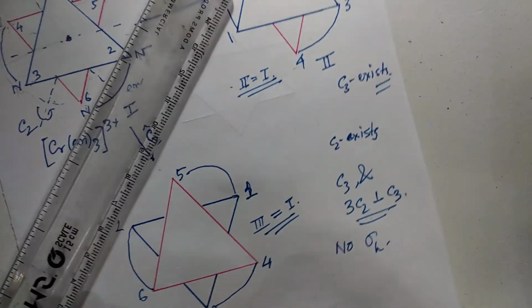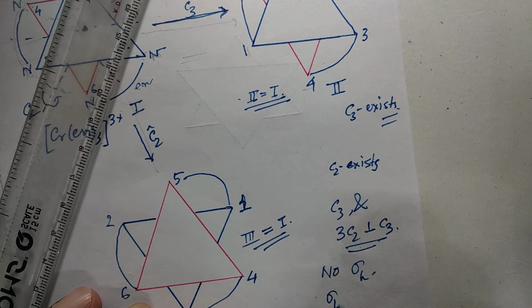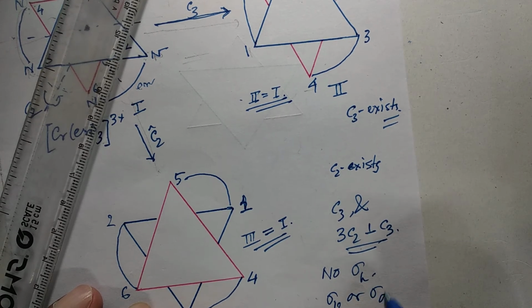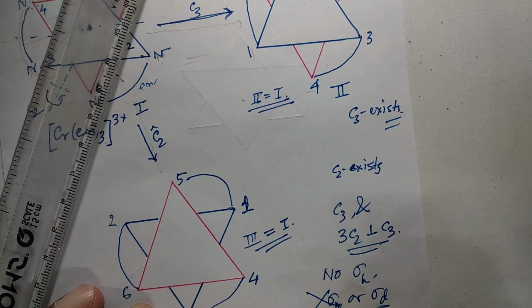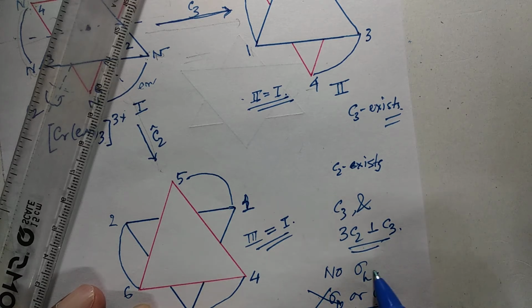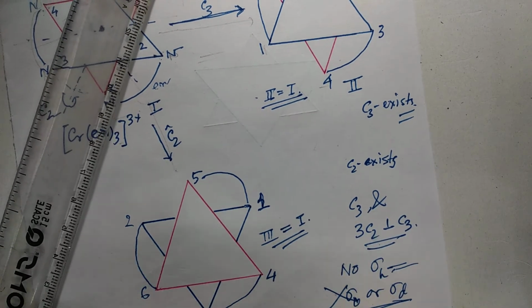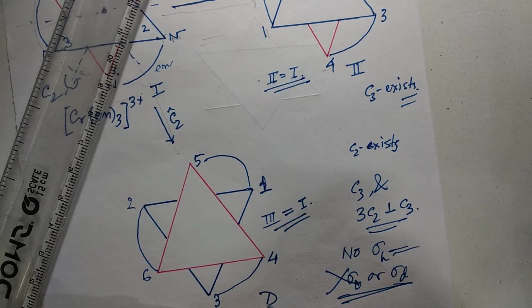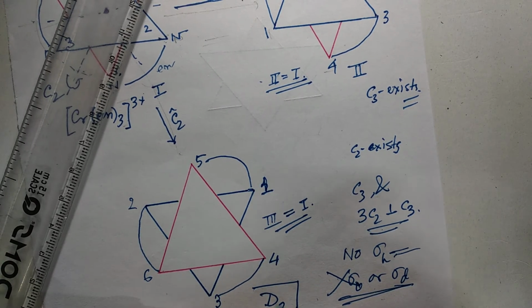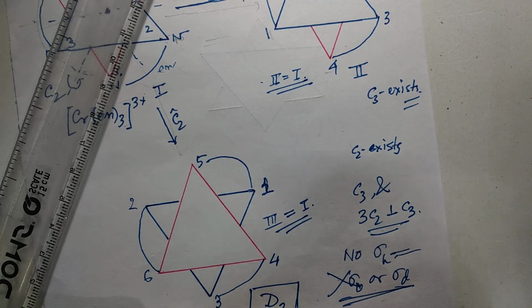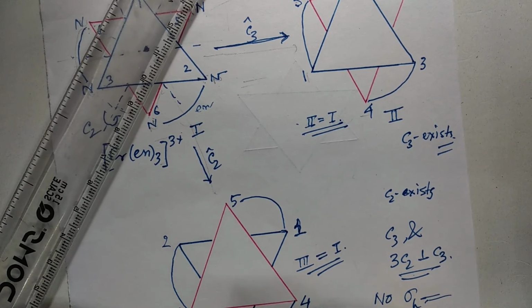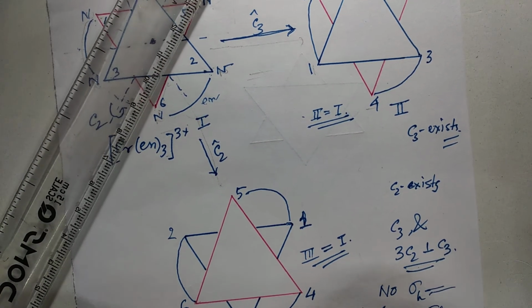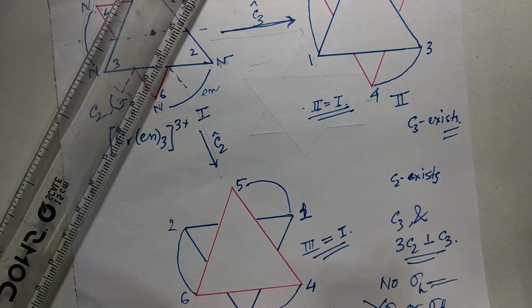So, sigma V or sigma D do not exist. Sigma H also do not exist. Therefore, what should be the point group in this case? It will be only D3. The point group of this tris complex molecule is D3.